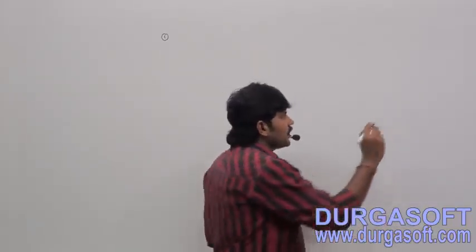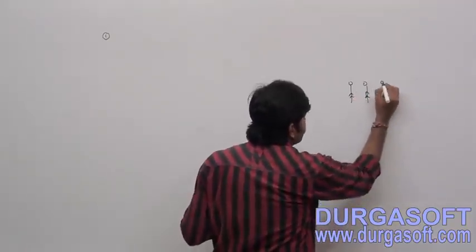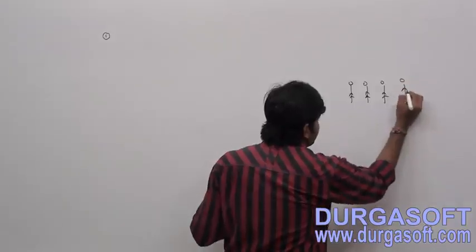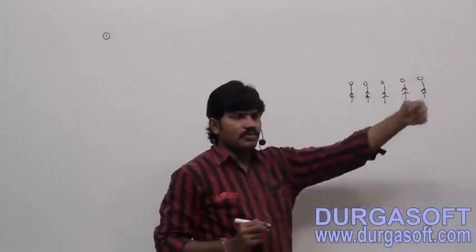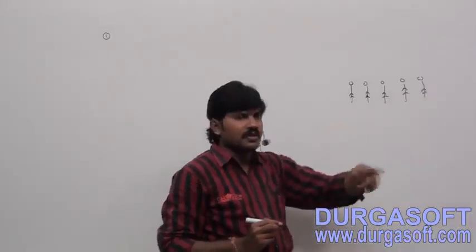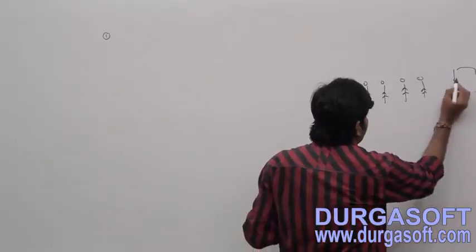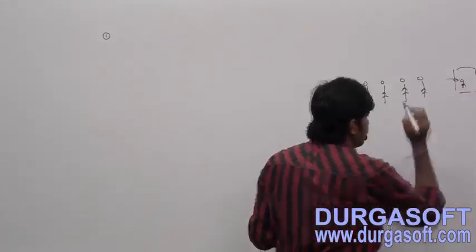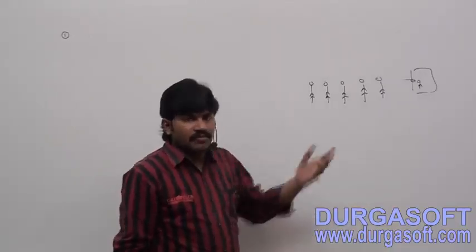Simple, normal add method. But here, just observe: these many members are there in the queue to get some service. For example, we are going to issue a cinema ticket. Here is the counter, and from the counter this person is going to provide the service. Another person came: boss, I want the service.